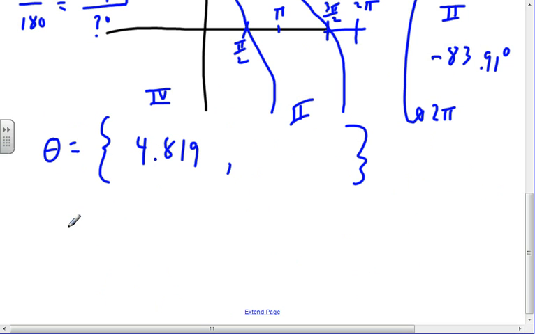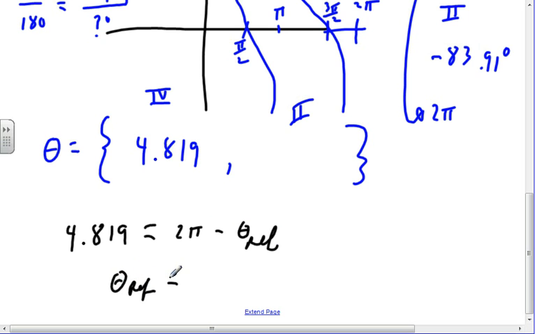I want the reference angle. So 4.819 is equal to 2 pi minus the reference angle, and the reference angle is my first quadrant answer. So 2 times pi minus 4.819. So we've got 1.464. I should have known that.